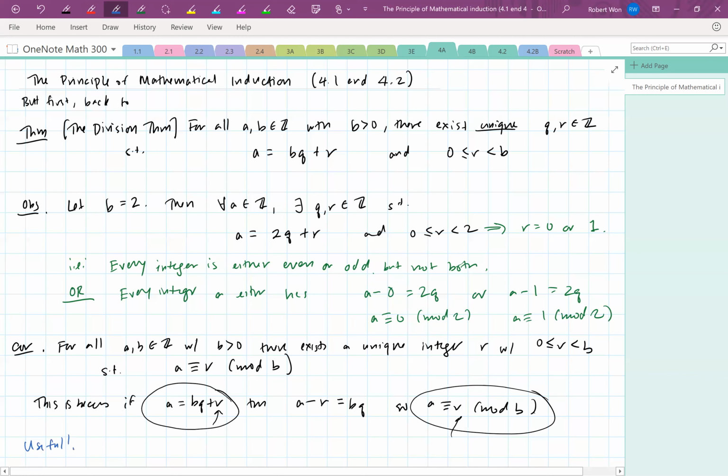Because one thing this lets you do is break into a finite number of cases if you only care modulo n.